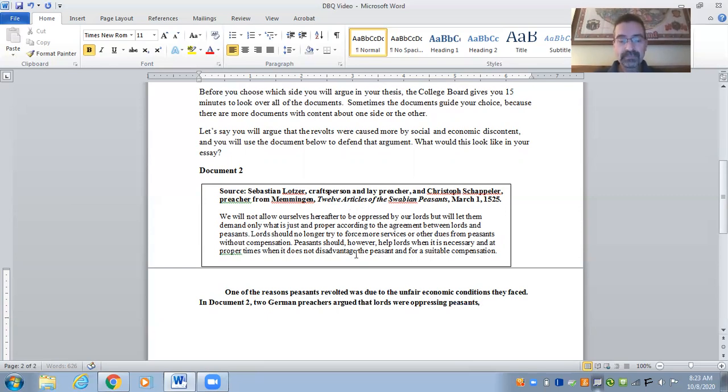We see that it mentions that they're forcing them to do more service, so I'm going to change that to overworking them, and also demanding dues. In other words, asking for more taxes and money from them. And all this, we can assume they're saying, was done unjustly.